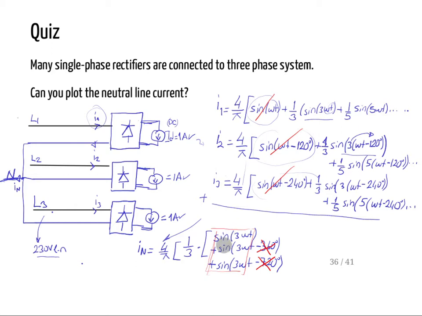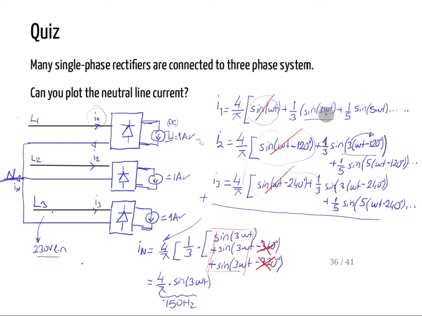So you have 1, 2, 3, and there's 1 over 3 here, so it suddenly becomes 4 over pi times sine 3 omega t, right? Then that means we have a frequency of 3 times the 50 Hz. So this is a 150 Hertz component.